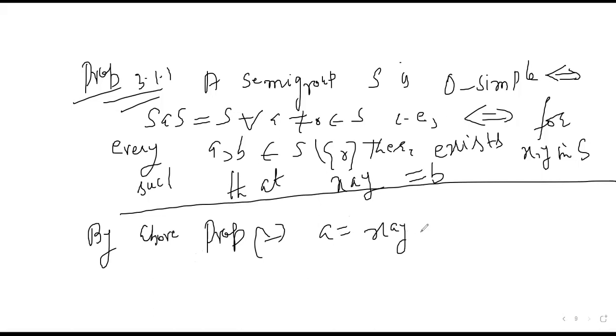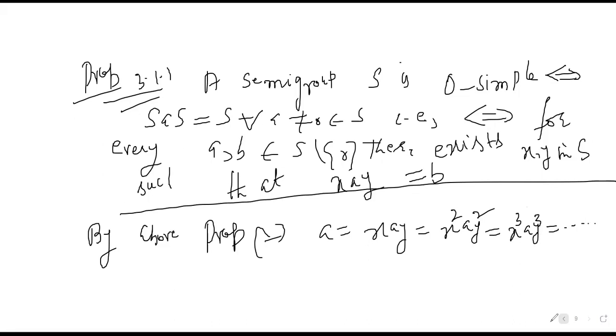Now again, substituting the value of a, I will get x squared a y squared. Again using the value of a, I will get x cubed a y cubed and so on.